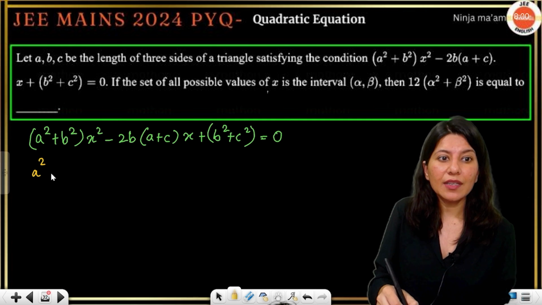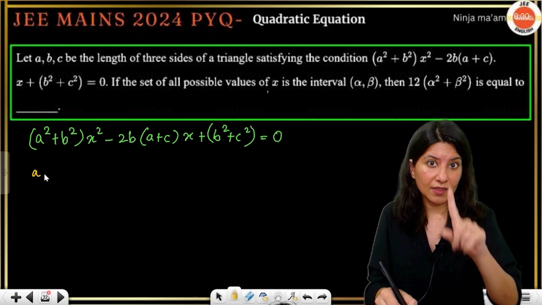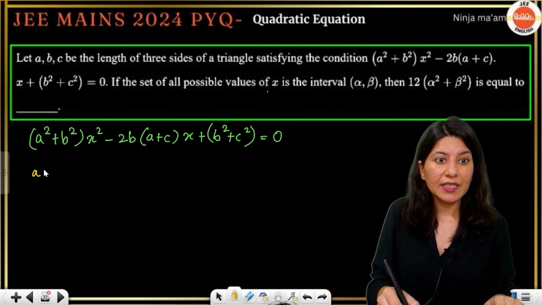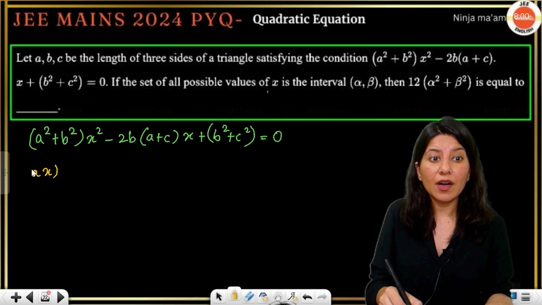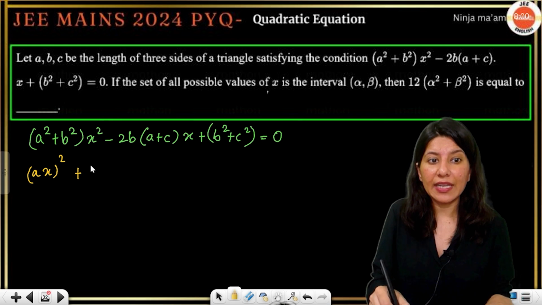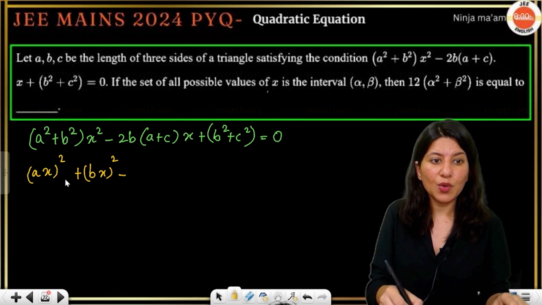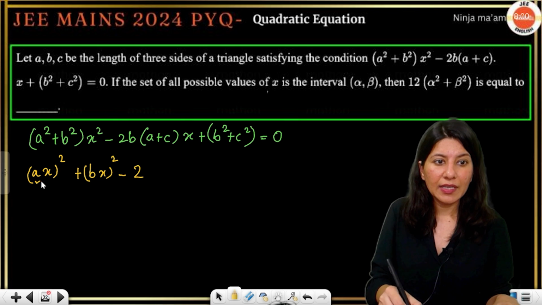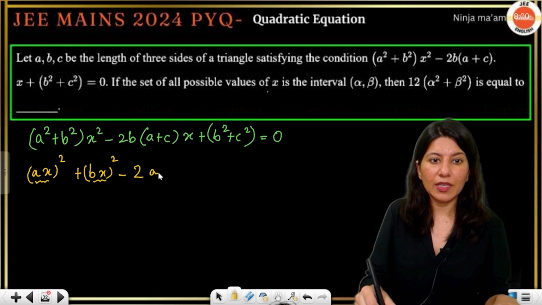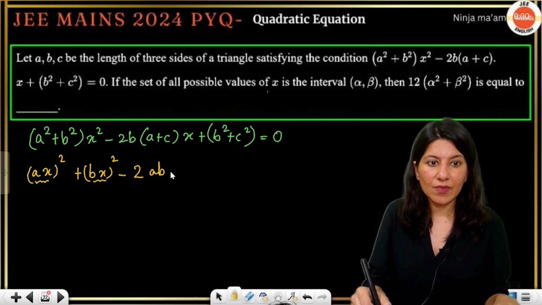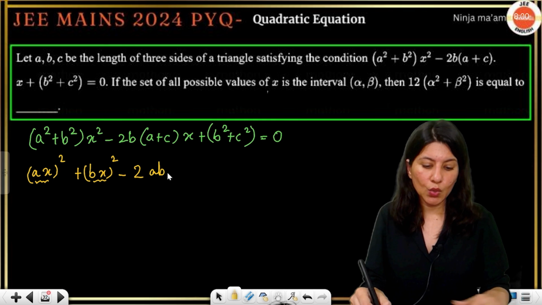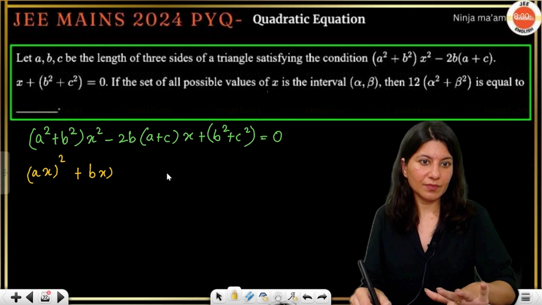Now understand what is happening over here, because I can see a complete square getting formed. ax whole square, b whole square: a square plus b square minus 2ab. So what we want is minus 2ab x.